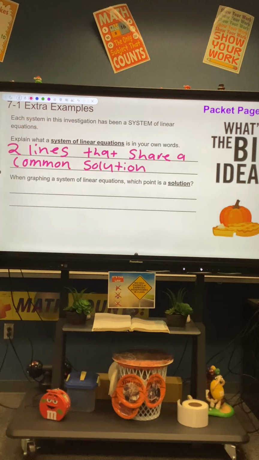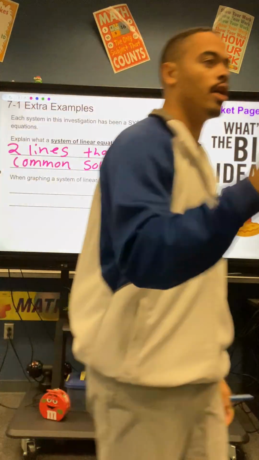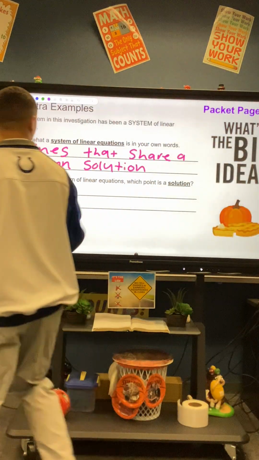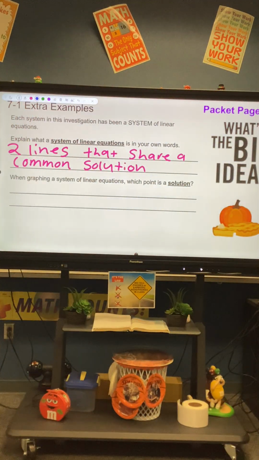Right? Because like we talked about on the first slide for today, we talked about how one line, a point on any one of those lines is a solution for that linear equation. But we're doing a system. So a system means I have two lines, right? So I have two lines. And for those two lines, the point at where they intersect is my solution for those two lines.